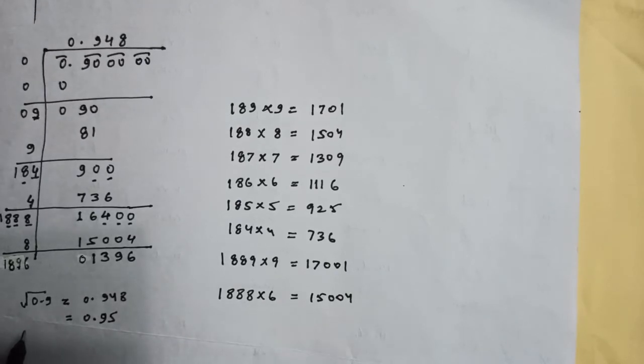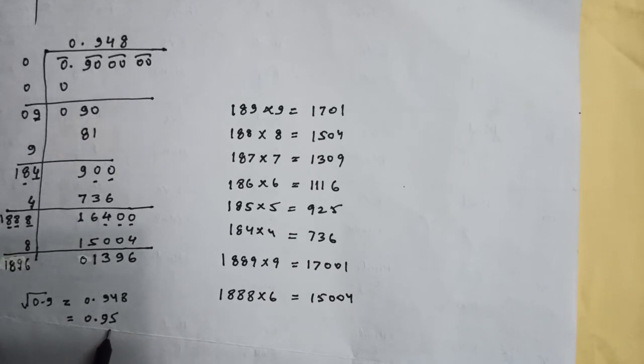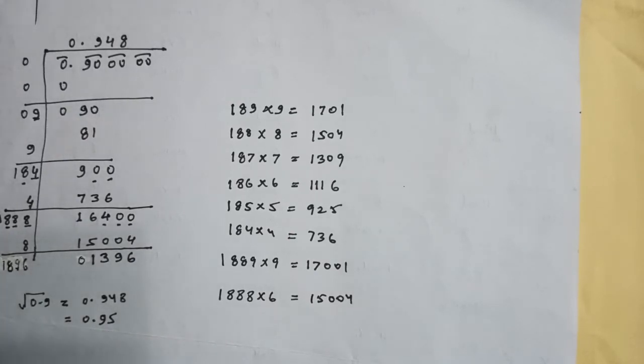That means the square root of 0.9 is approximately equal to 0.95.